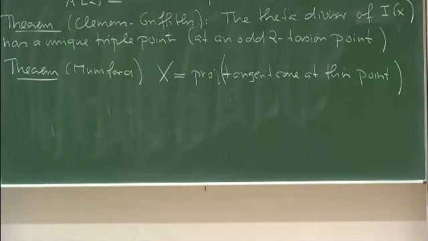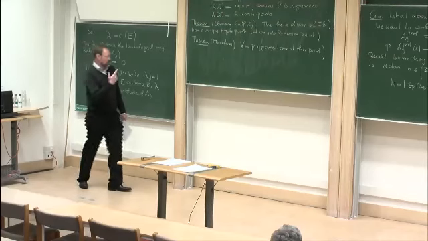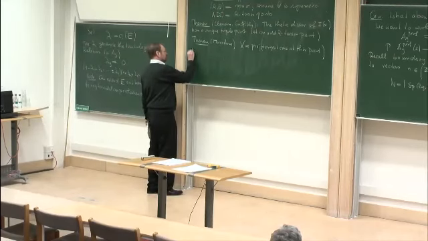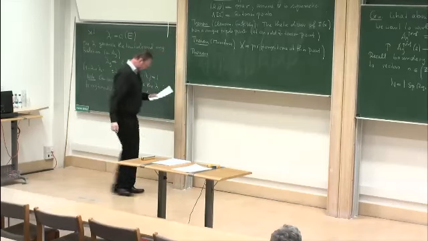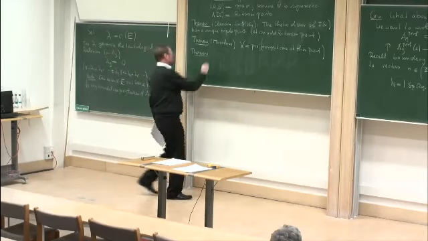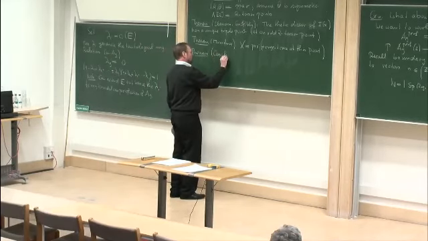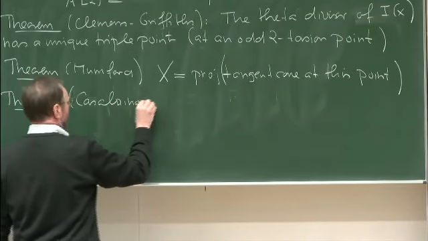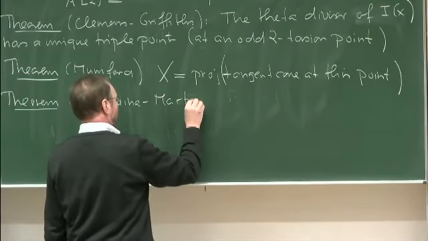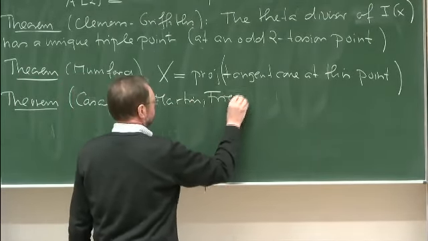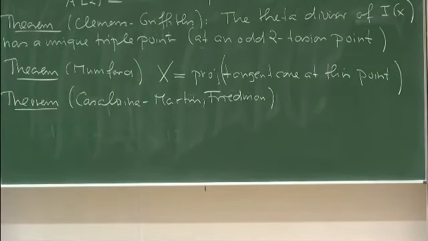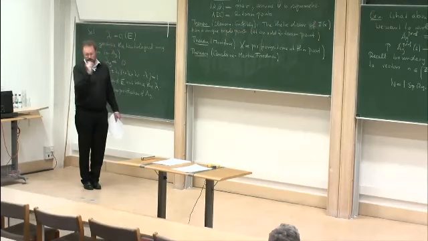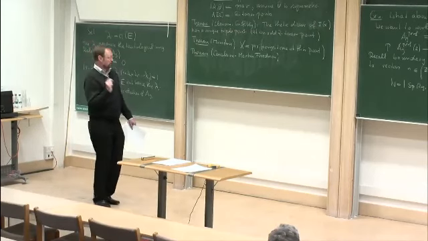And finally, and that's very important for our way of approaching this, there is a result of Casalaina-Martin and Friedman, which says that among the indecomposable Jacobians in genus 5, the existence of a triple point characterizes the intermediate Jacobians.